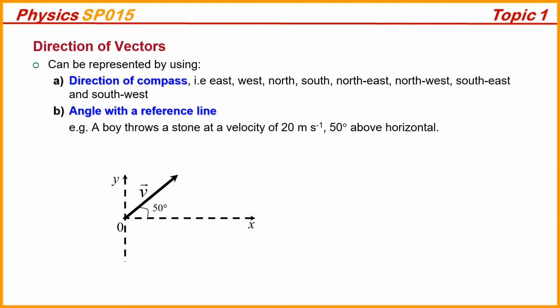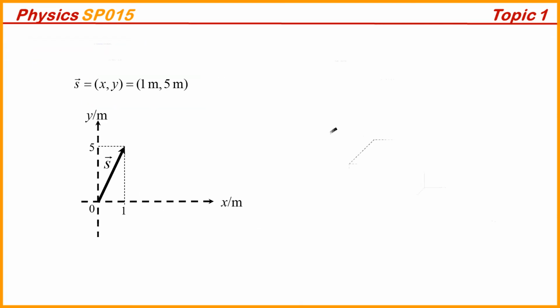The direction of vectors can be represented in a few ways. The first one is the direction of compass, which shows east, west, north, south, northeast, northwest, southeast, and southwest. The second way is the angle with the reference lines. For example, referring to this figure, a boy throws a stone at a velocity of 20 meters per second, 50 degrees above the horizontal.